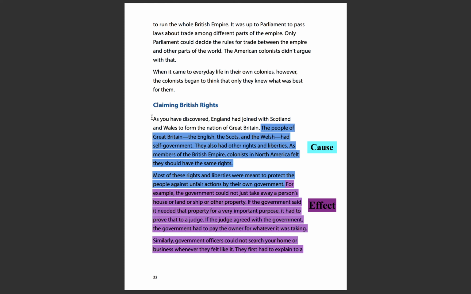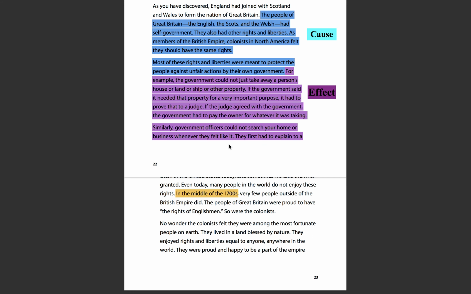Okay, so I read that a few times to myself, and I thought, there's something that's happening in Great Britain. Colonists are protected, our rights are protected. And because of that, the effect is that in America, the colonists want to have these same rights protected, right? So down here, all of these rights are still being protected because they were protected in Great Britain.